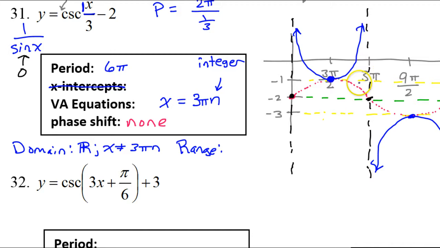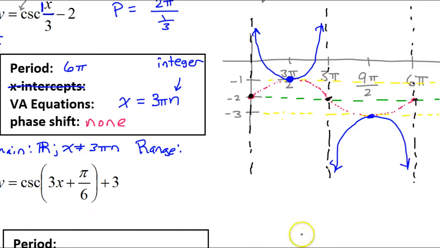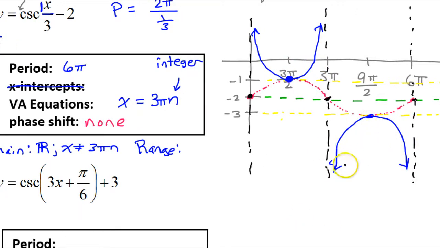Now the range. We just have to do the range in 2 parts. So looking at the lower portion of the graph, just the blue, the lower portion here goes from -infinity up to -3. So I'm going to say, okay, the first part of my range is from -infinity to -3. Am I going to put a parenthesis or a bracket on the -3?